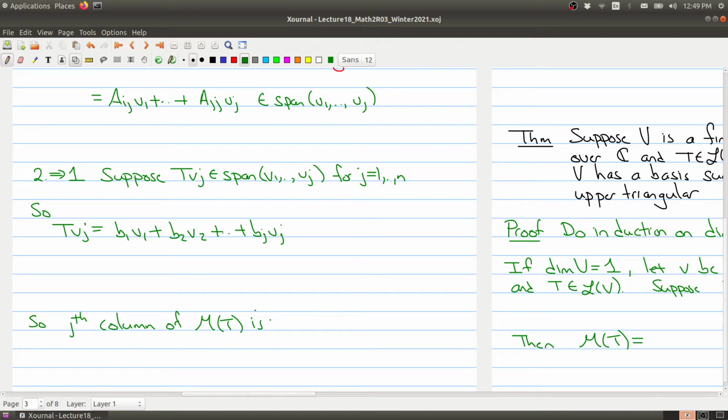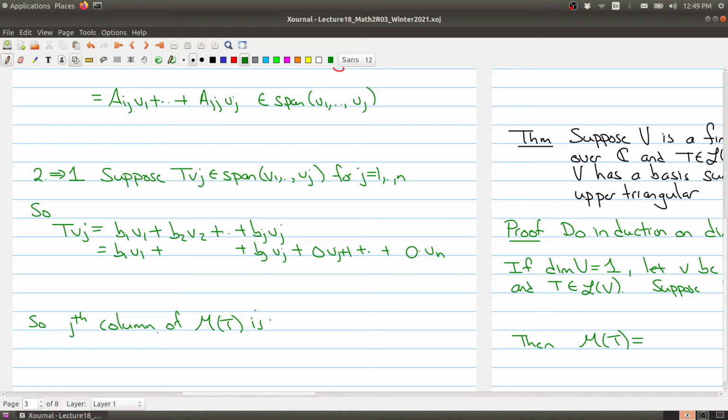But we can now add in some dummy elements by multiplying things by 0 in the correct way. So we have b_1 times v_1 all the way up to b_j times v_j, and then 0 times v_(j+1) all the way up to 0 times v_n.